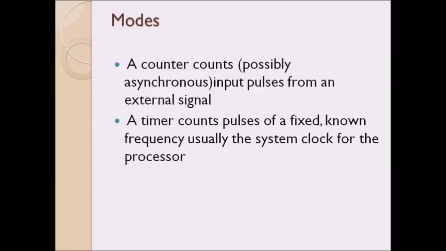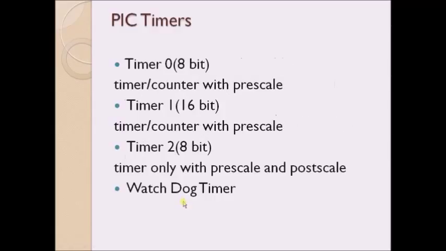Internally, the counter counts the external pulses given through some counter pins, and the timer counts the internal pulses. It means whatever clock we are giving to the processor, those pulses are counted by this timer.